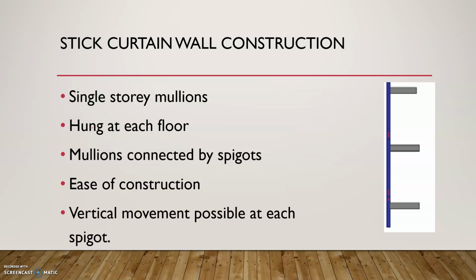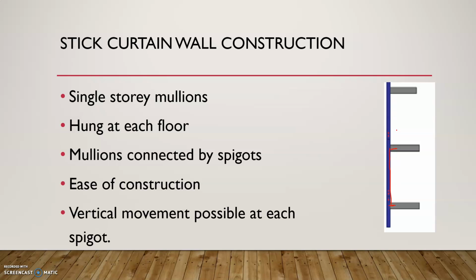So with the stick curtain walling system, single story mullions hang at each floor. So you have a mullion from here to there, and then you have to put a bracket on each floor. And mullions are connected by spigots.